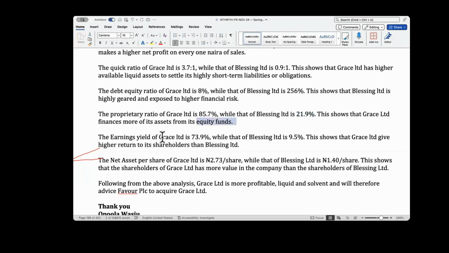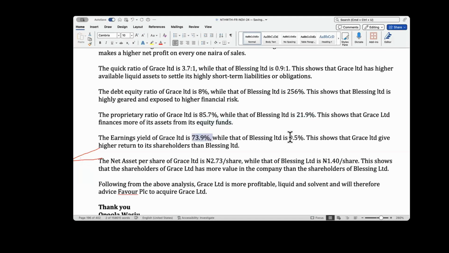I went to the earnings yield. Grace is 73.9%, Blessing is 9.5%. It shows that Grace Limited gives a higher return to its shareholders than Blessing. Net asset per share of Grace is 2.73 naira, Blessing is 1.40 naira.